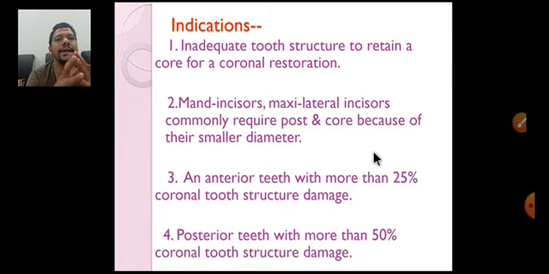Now coming to the indications of post and core. Inadequate tooth structure to retain a core for a coronal restoration. Inadequate tooth structure means usually the indication for root canal treatment would be extensive caries, which may or may not involve pulp or be approximating pulp. So, as the caries is extensive, the amount of coronal tooth structure loss also will be extensive.